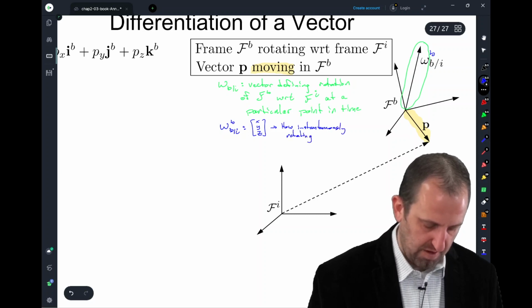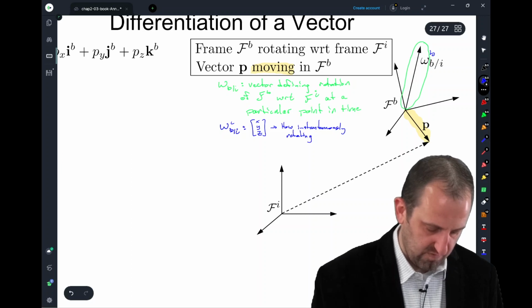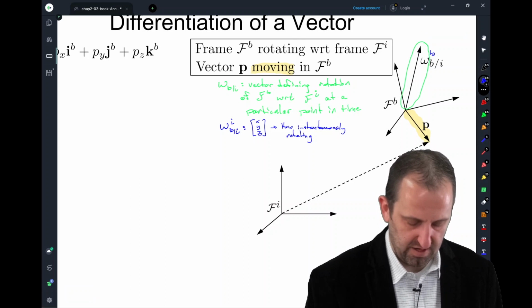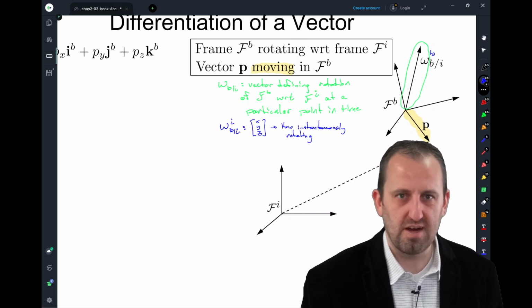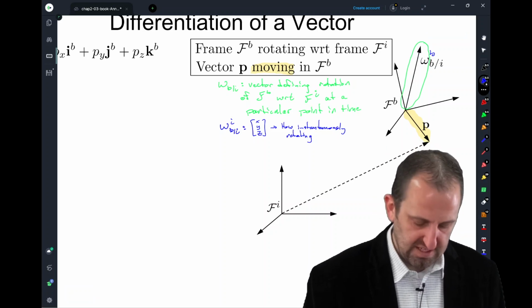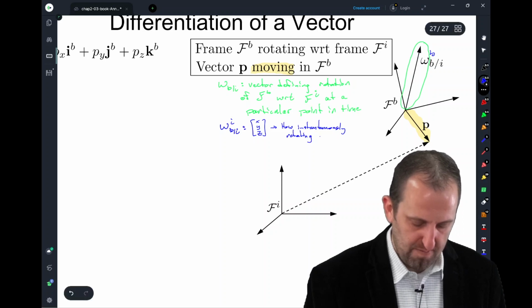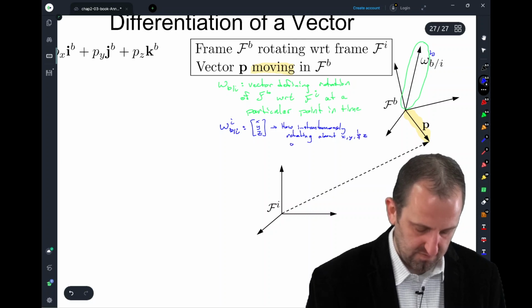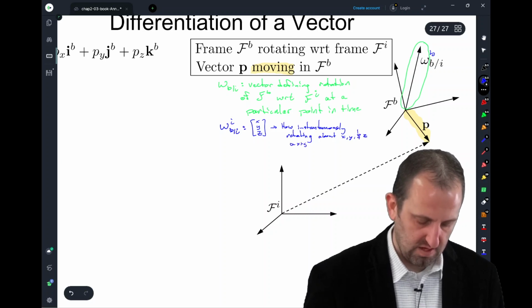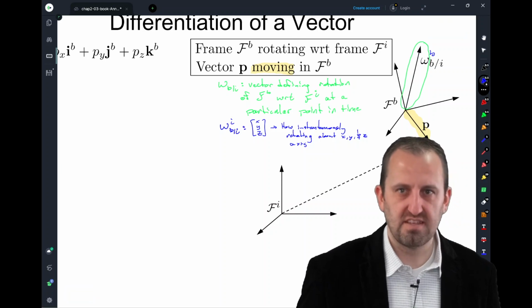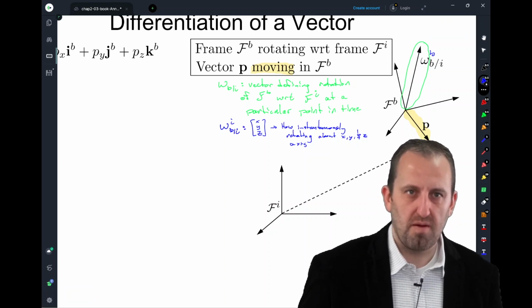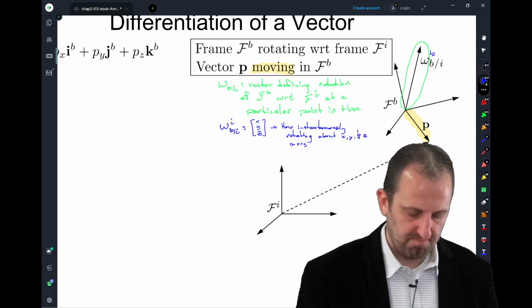In fact, that actually might be more natural to define in the inertial frame, right? So how is it rotating? We can define it in either frame, and we can transform it back and forth. You guys are now pros at that. How is it instantaneously rotating about the X, Y, and Z axes? Okay, so we have this vector that's telling us the relationship between frame B and frame I.